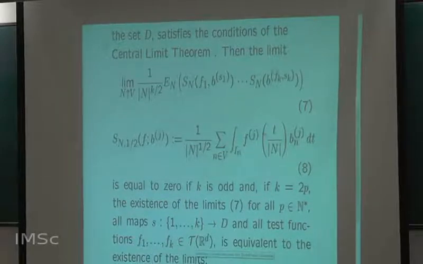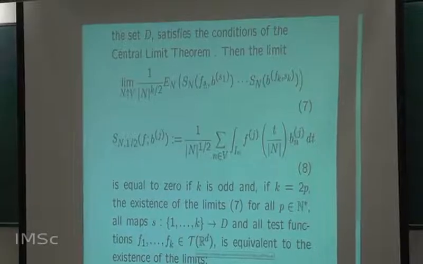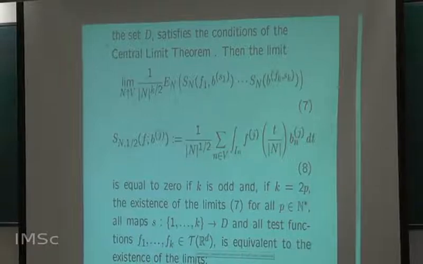When k is odd, this will go to 0 because the integral will go out of the expectation value E_n, and then I apply the same argument that I applied in the central limit theorem. You remember that what causes the convergence to 0 is the argument in the Fock-Wald lemma, which is really the basic point of both classical and quantum theory.